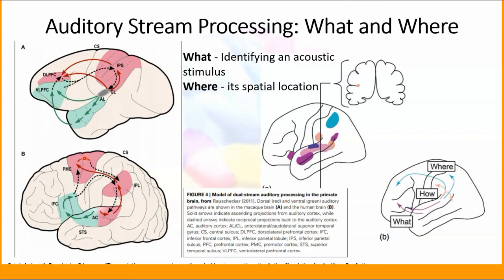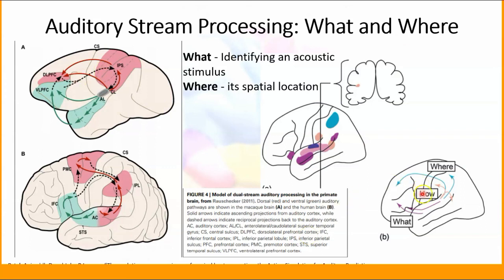The arrows show the direction reflecting the auditory stream processing, where the what stream identifies the sound identity, either the sound input is speech or music, while the when stream identifies when the sound occurs.